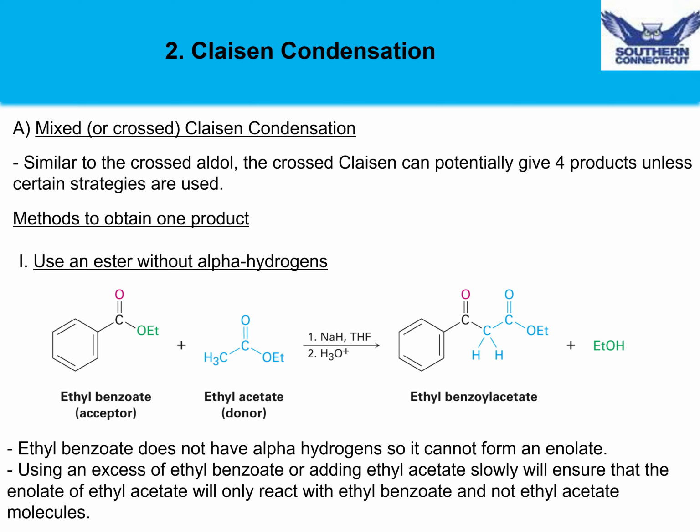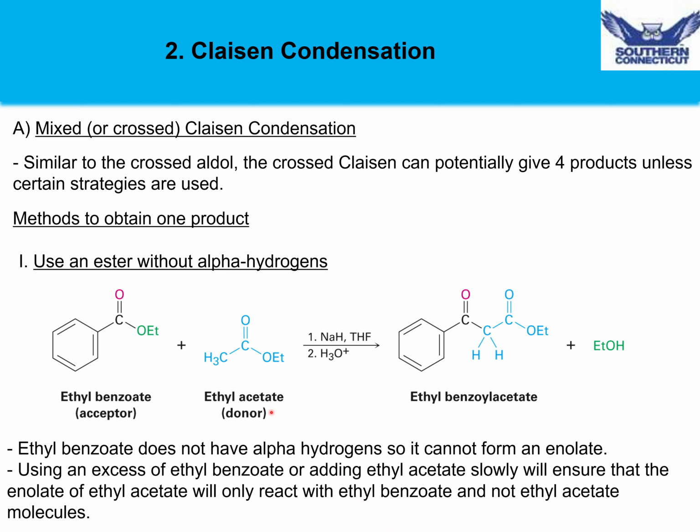Similar to the cross or the mixed aldol reaction, the mixed or cross Claisen reaction can potentially give you 4 possible products. We can use strategies to eliminate some of these products and hopefully obtain a single product. One of those strategies is to use an ester that doesn't have alpha hydrogens and therefore can't form an enolate.